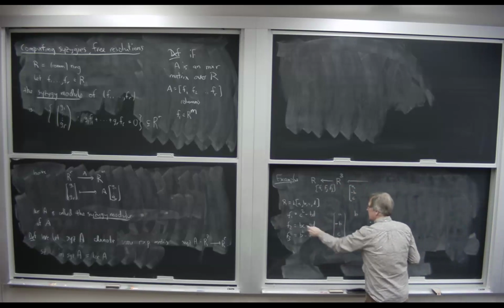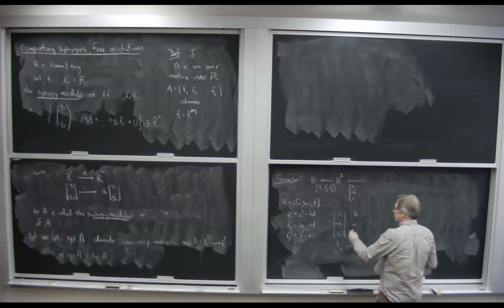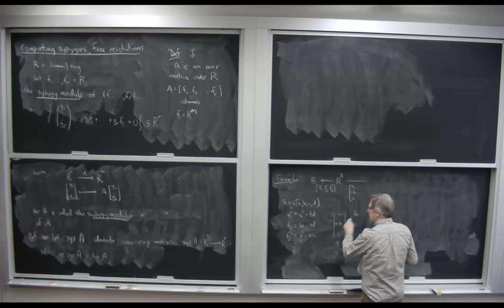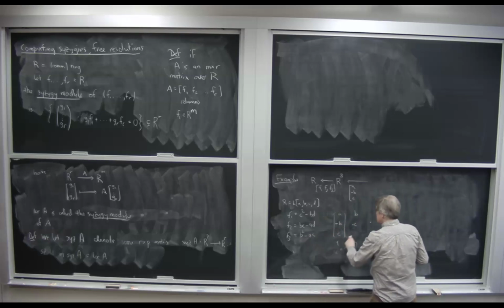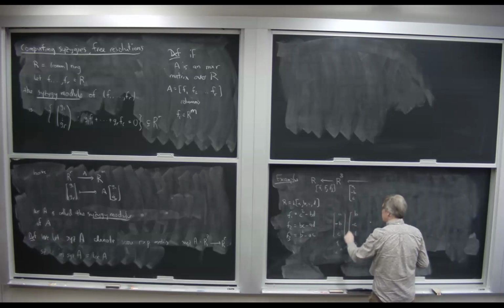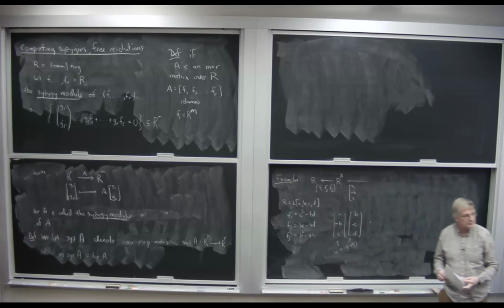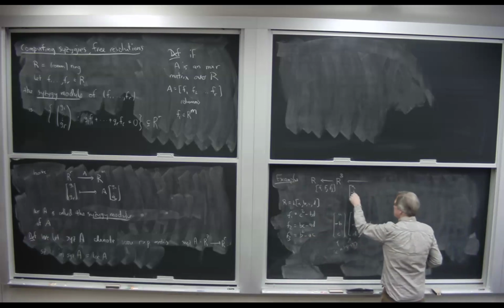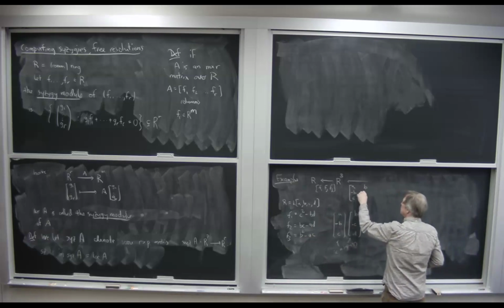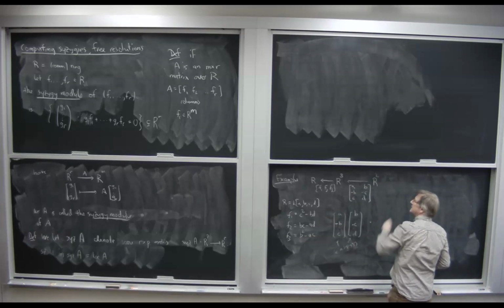BC squared, and here's a BC squared, so that should be a C, but it has to be a negative sign here. And then I have a B squared D, and here's a B squared, so maybe if I put a D here, they'll have different signs. So that's another example, and I'm pretty sure that's one. A, minus BC; B, minus C, D. And lo and behold, that's it.